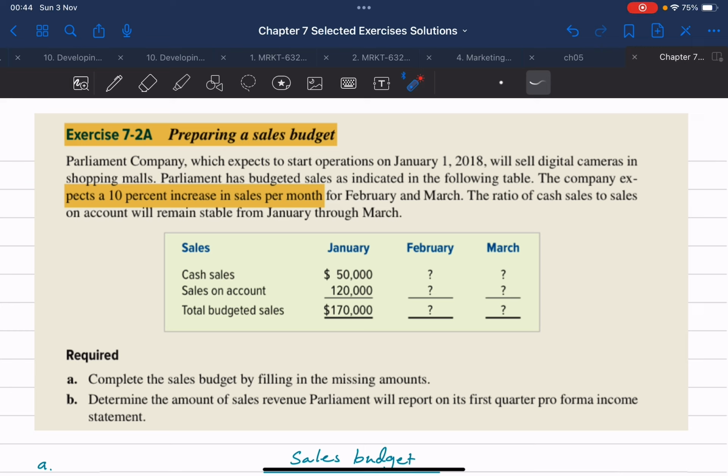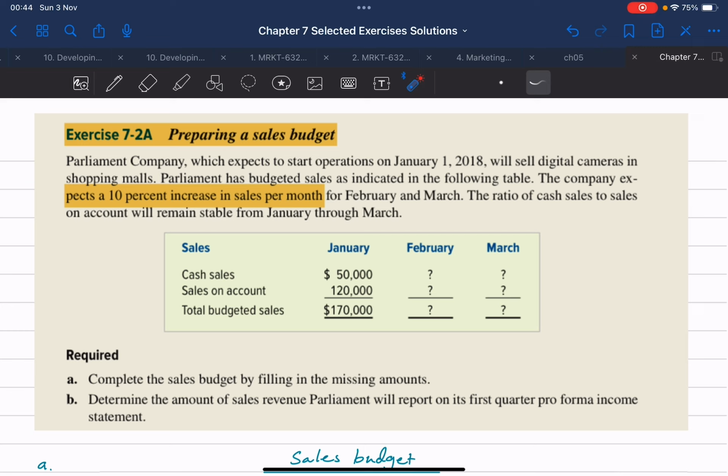Parliament has budgeted sales as indicated in the following table. The company expects a 10% increase in sales per month for February and March. The ratio of cash sales to sales on account will remain stable from January through March.